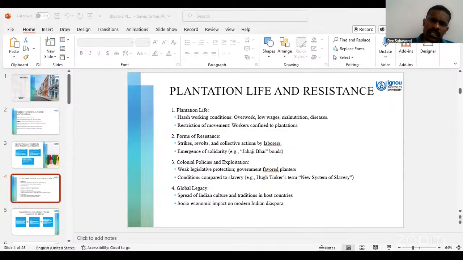So what is the punishment for absence from work? What will they do if they are not going for the job? The first thing is it led to deprivation of wages and rations. Rations, so they give free rice or something, it will be cut, right?